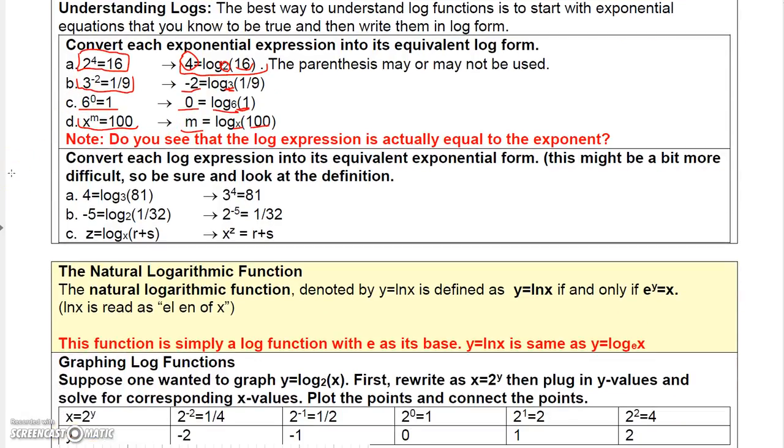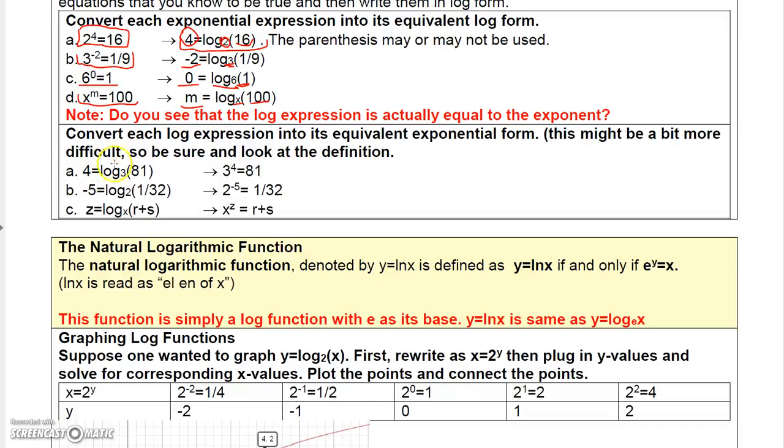Now, I find it easier to go the other way. If I give you a true logarithm equation, I find it easier to write it in exponential form. So this says 3 to the 4th power equals 81, and those two statements say the same thing.